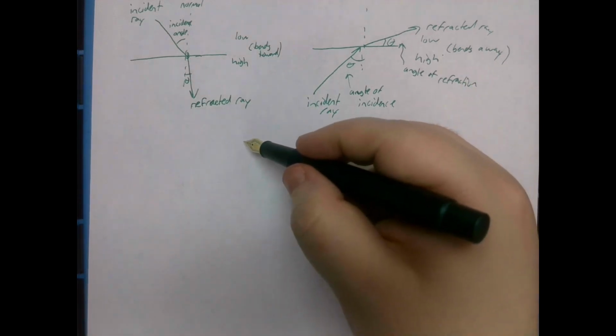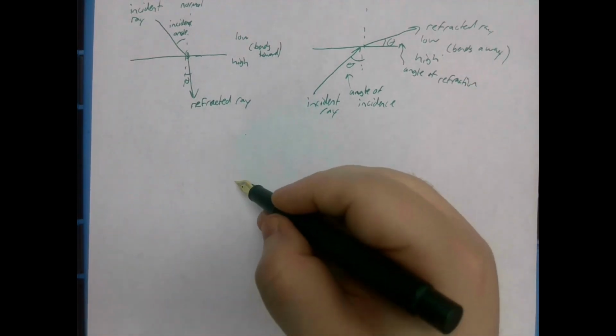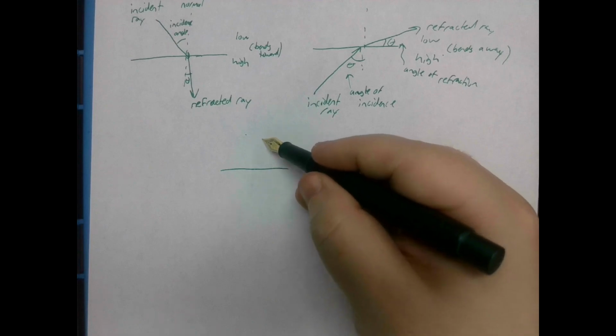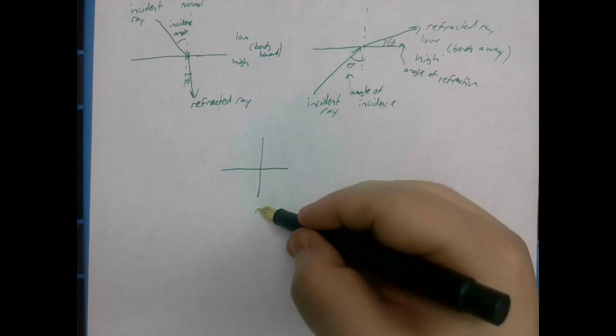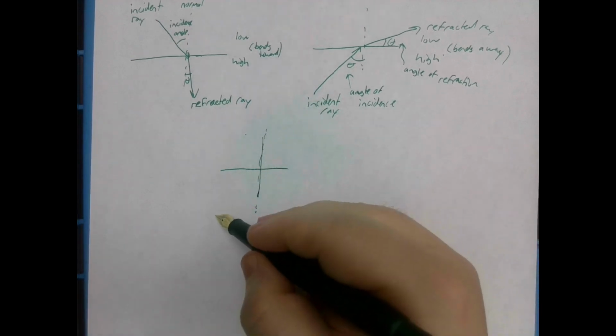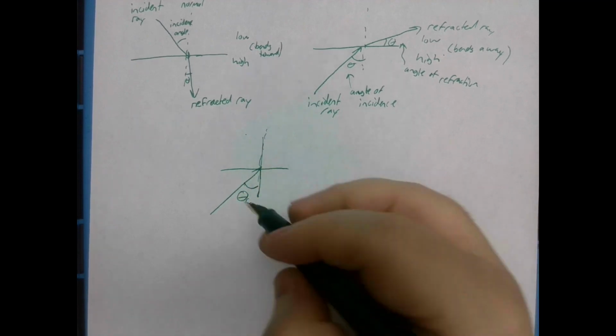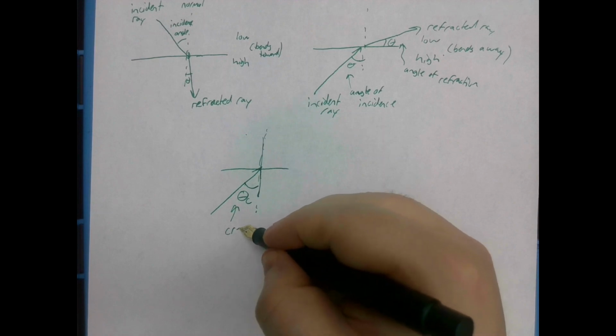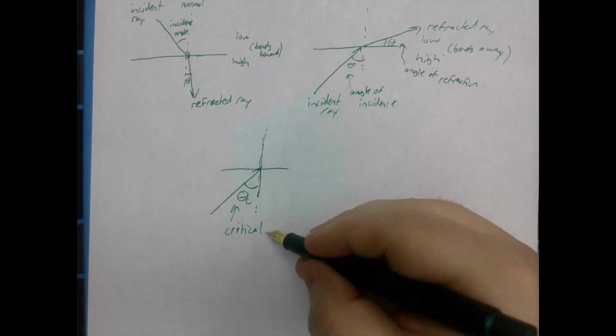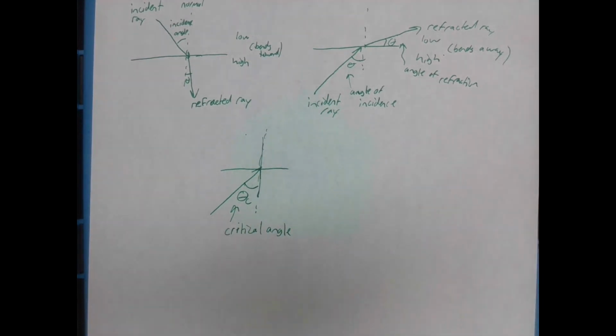We have the special case. That should really be a dashed line. In which case we have some special angle called the critical angle. Anything greater than the critical angle is total internal refraction.